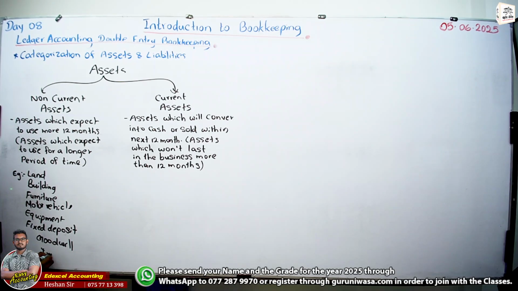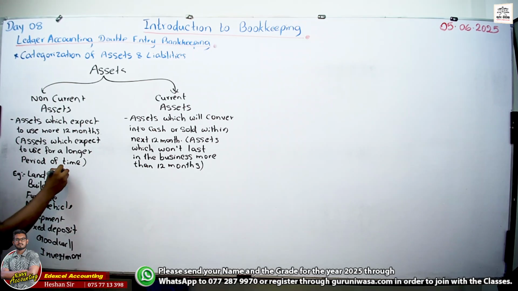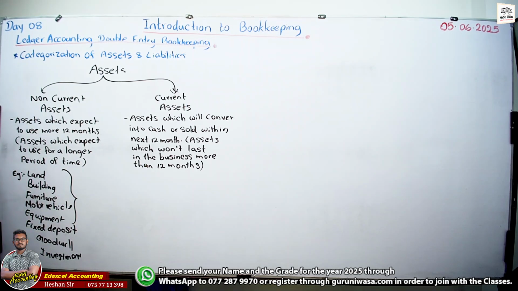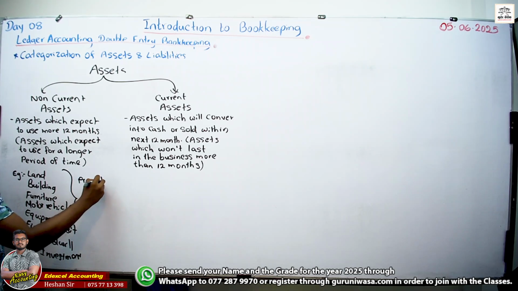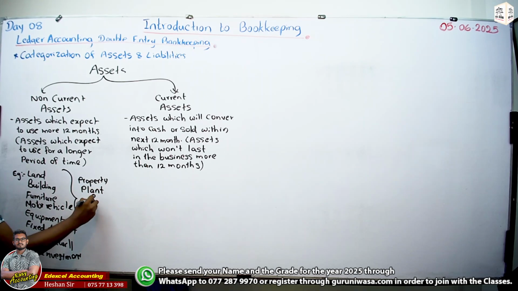Those are the kinds of things. As a common term for land, building, furniture, motor vehicle and equipment, we call it property, plant and equipment. We call this PPE.